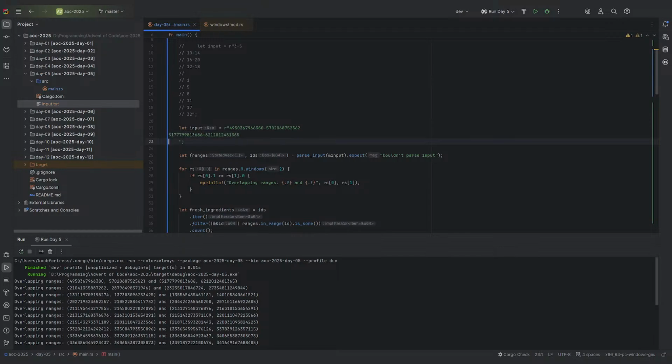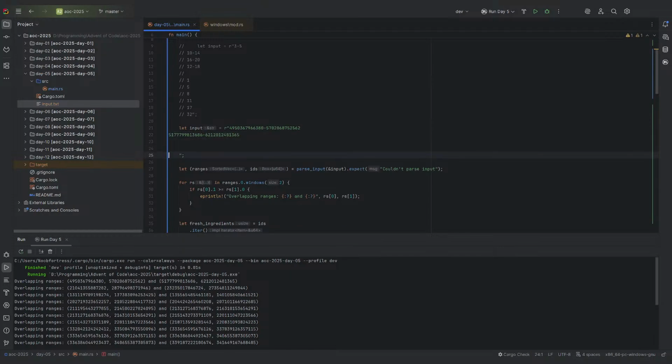These should be... so this range should be overlapping. Second one gets added, it should find that it should merge. I can just do whatever number I want. However long that is.